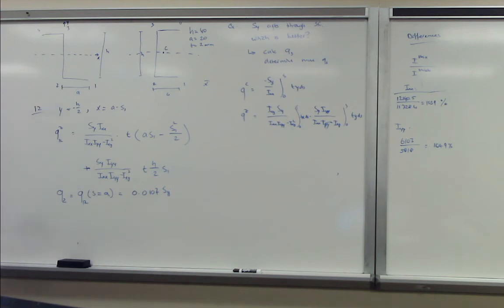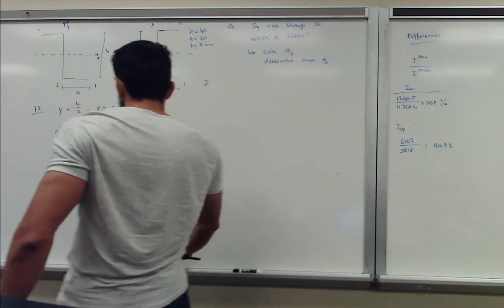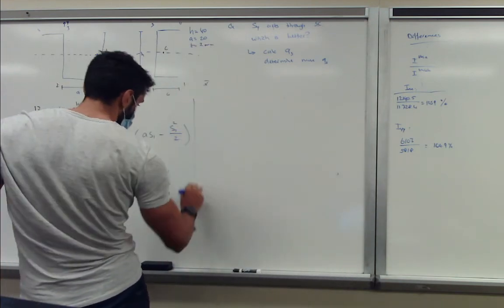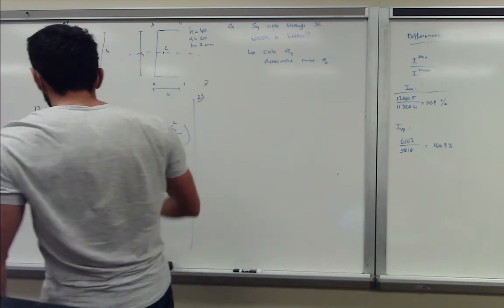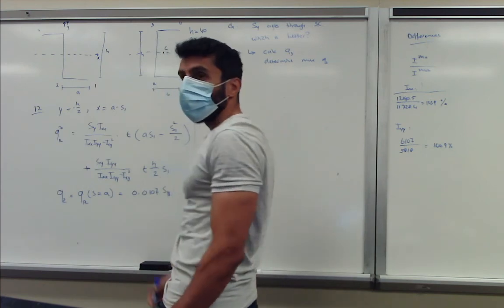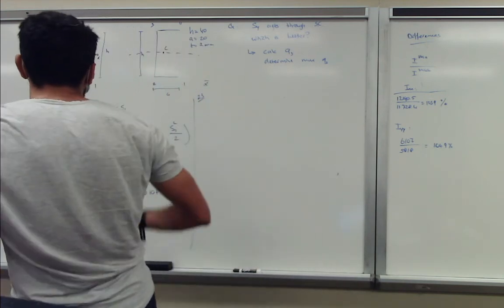So now we know what our shear flow at point 2 is, and we can use that as a starting value to calculate shear flow of 2, 3. So I'm going to keep this here. We're going to go to segment 2, 3. And let's again identify what our X and Y coordinate system in segment 2, 3 is going to be like.